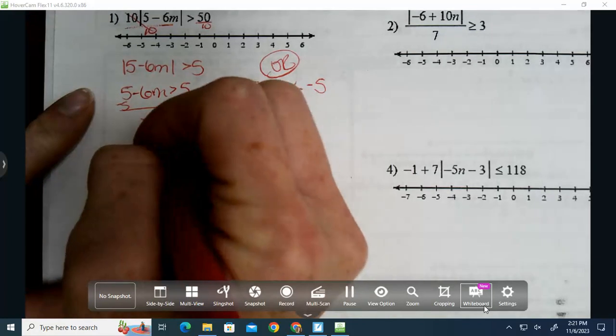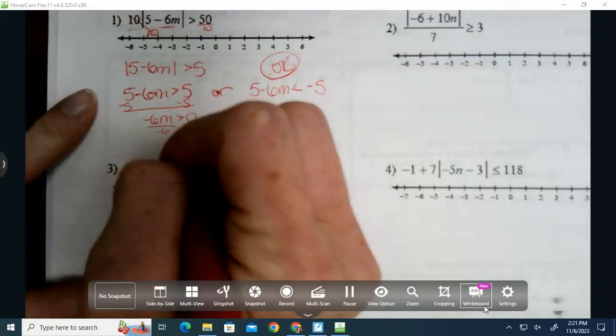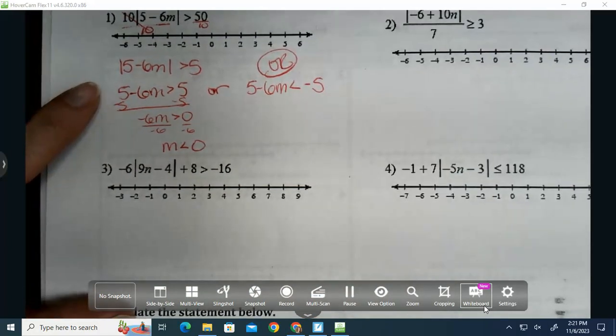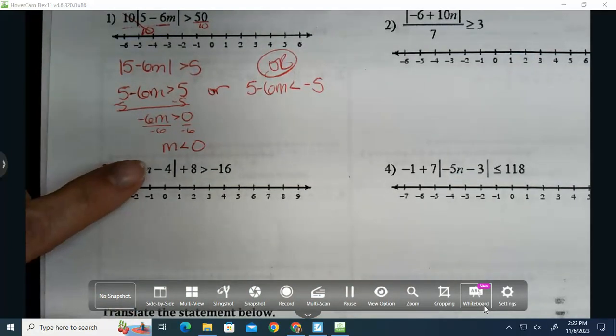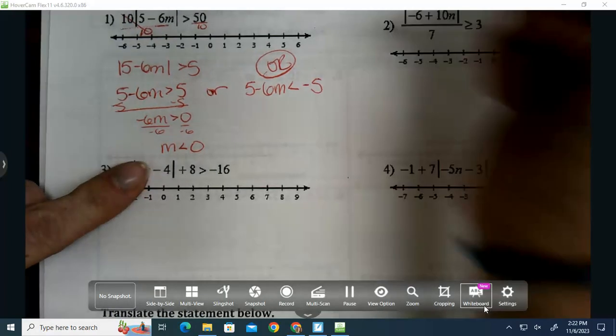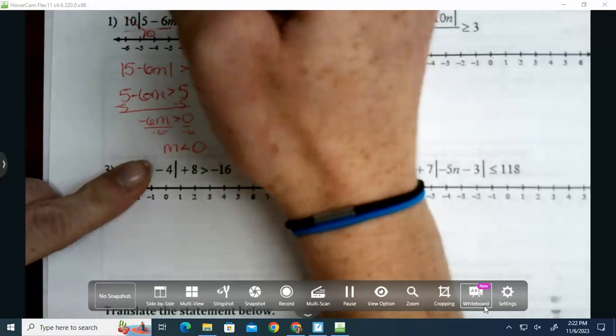Divide by negative 6. If you divide by a negative, what happens to your inequality? So m is less than 0. How do we graph less than 0 on the number line? Open circle at 0, going to the left.